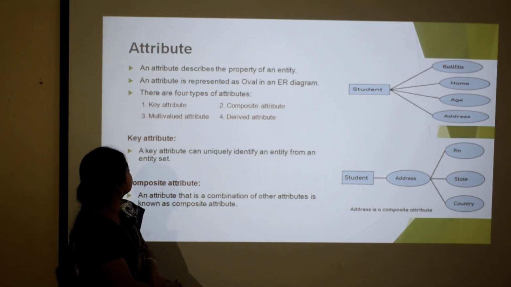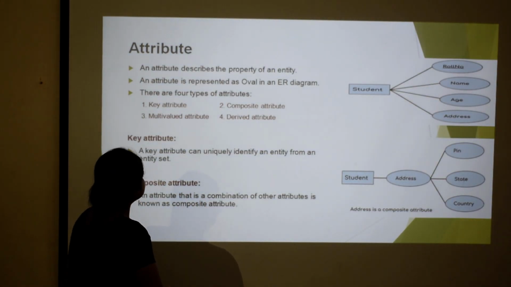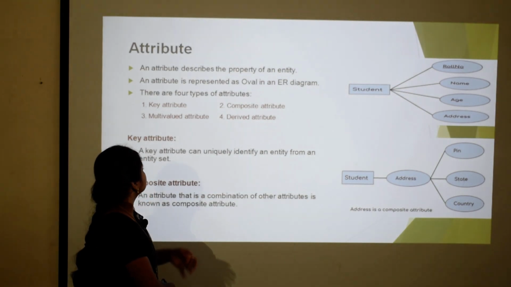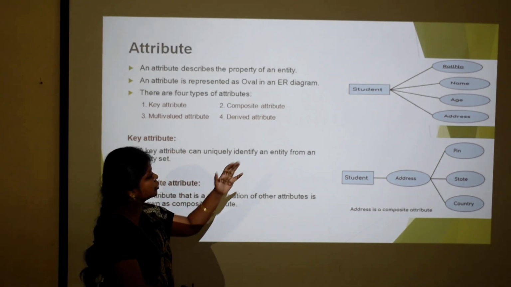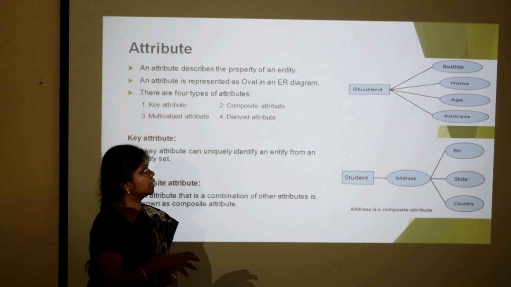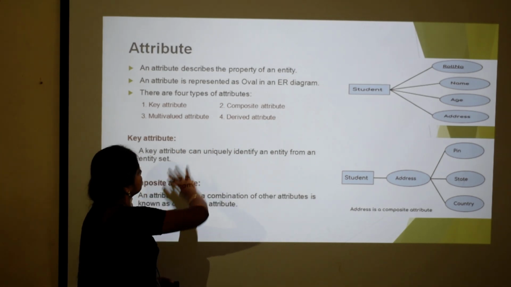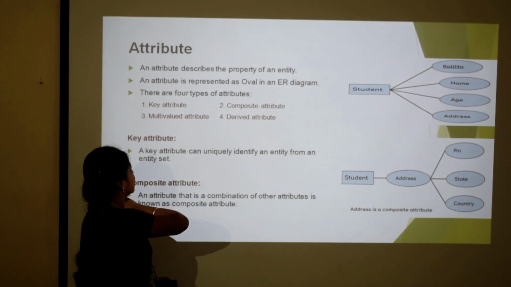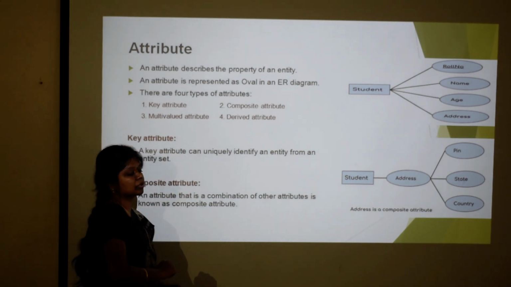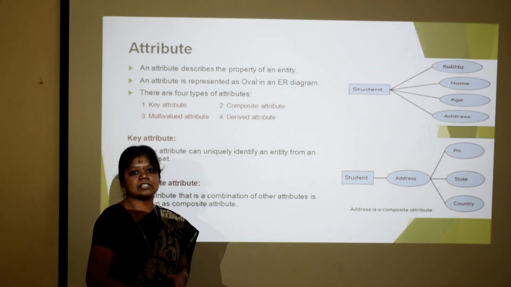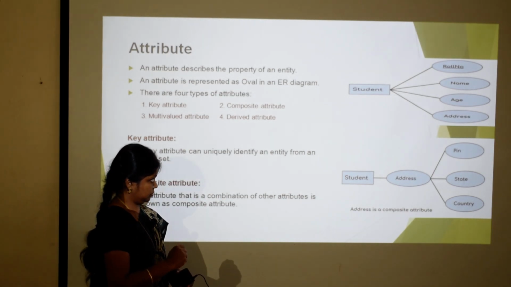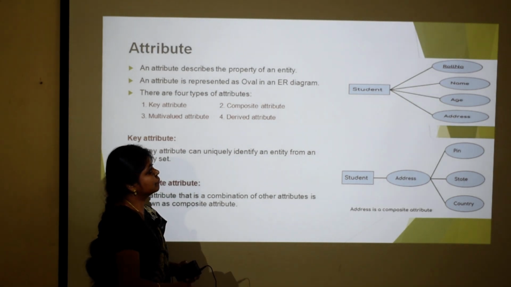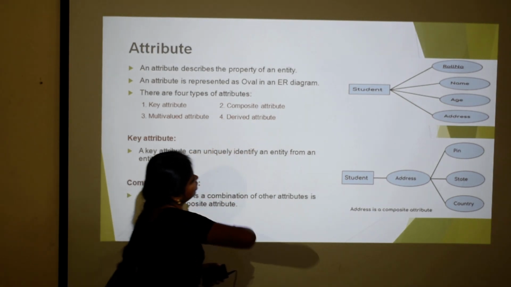And next is the attribute. An attribute is the property of the entity; how you describe the entity is the attribute. An attribute is represented by an oval symbol. We have four types of attributes, as we have already seen in the previous slide. First is the key attribute. A key attribute represents, for example, the roll number.